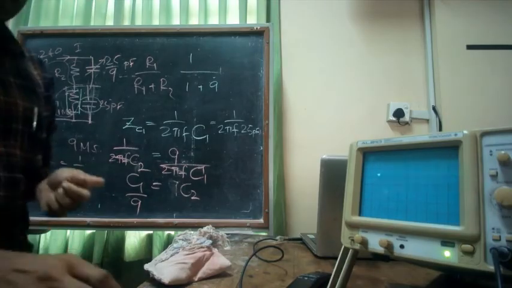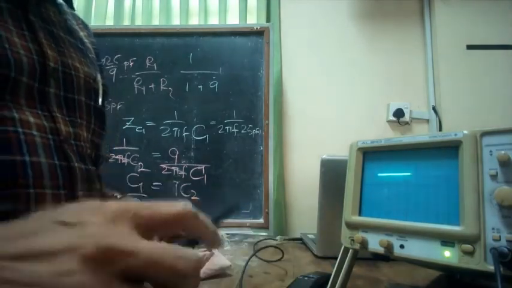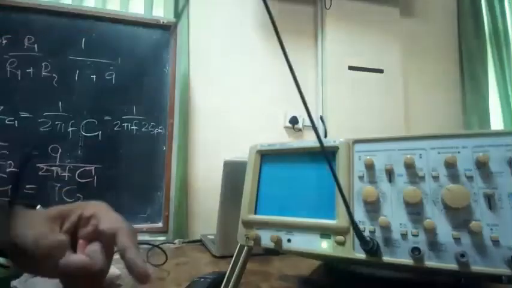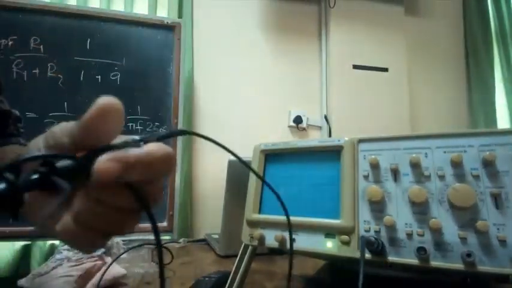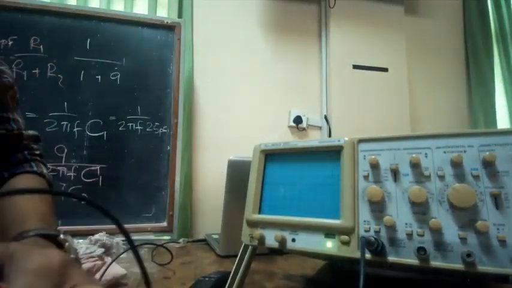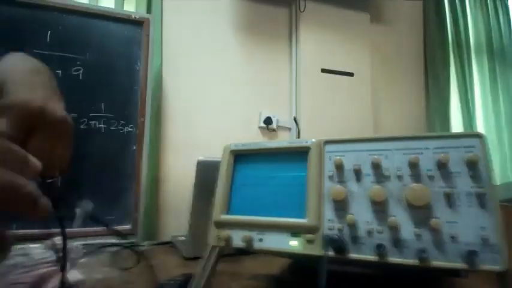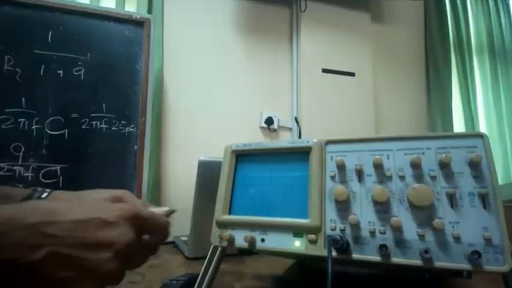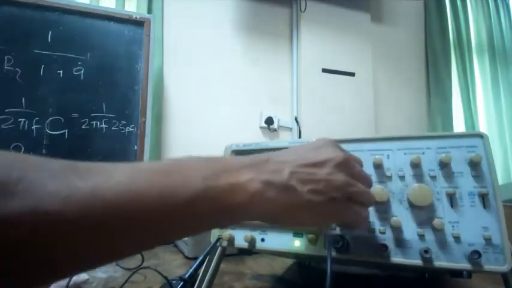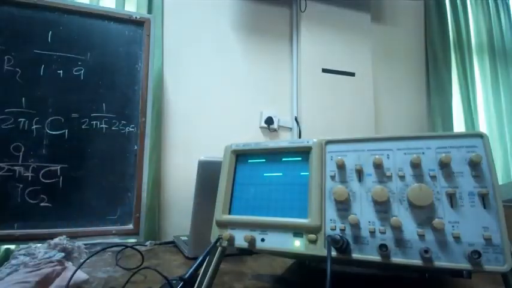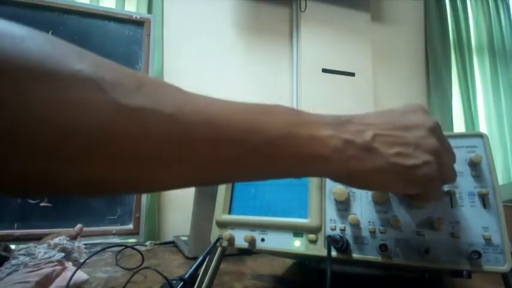And this is the purpose of this small thing that we saw earlier, the square waveform that I showed you earlier. It is given for that specific purpose also, in addition to calibration. So if I plug it here, you see this 2 volts peak to peak signal is there.